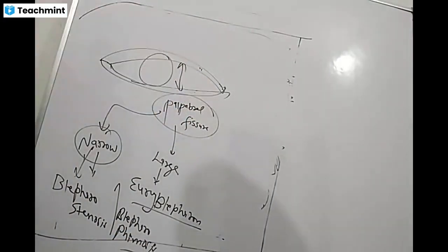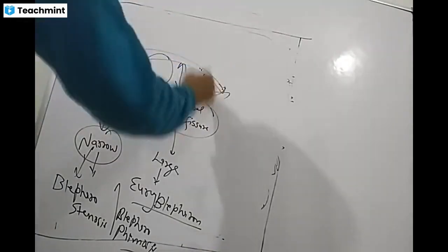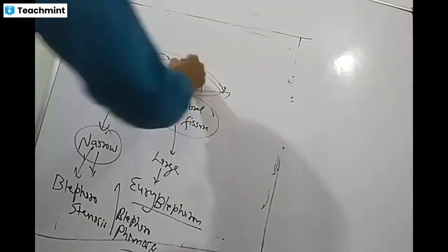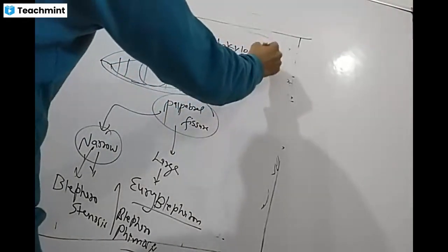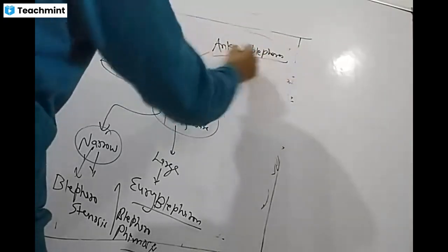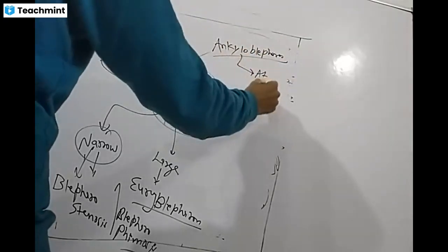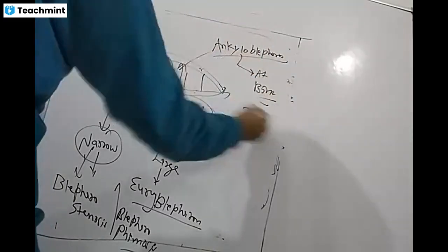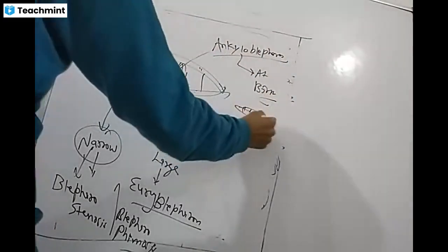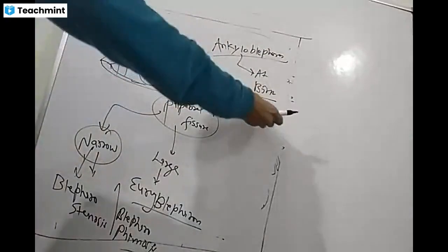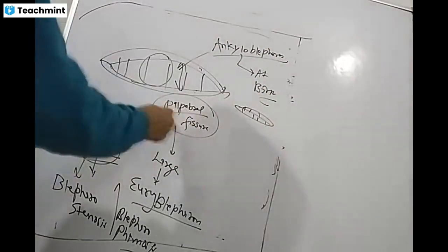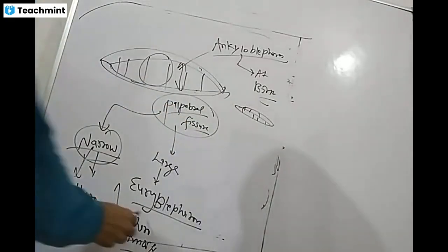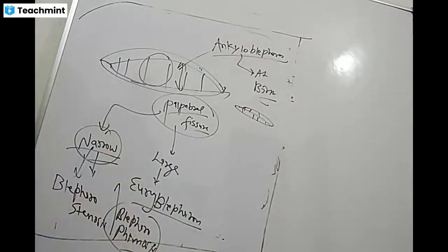two eyelids. If it is completely closed, then we use the term ankyloblepharon, which is seen at birth in case of puppies. Ankylo, both eyelids are fused. When they are open, if the palpebral fissure is narrow, the term used is blepharophimosis.